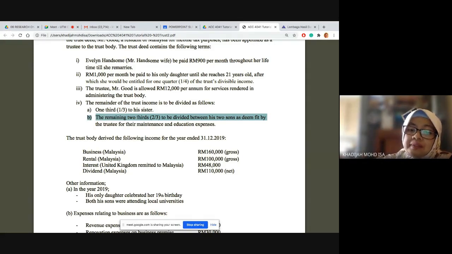So again, here you have the discretionary portion. You have to decide first how much is non-discretionary for the sister, and how much is the discretionary portion for the two sons. So you have to get one amount first for the discretionary portion, then only divide it into son number 1 and son number 2.